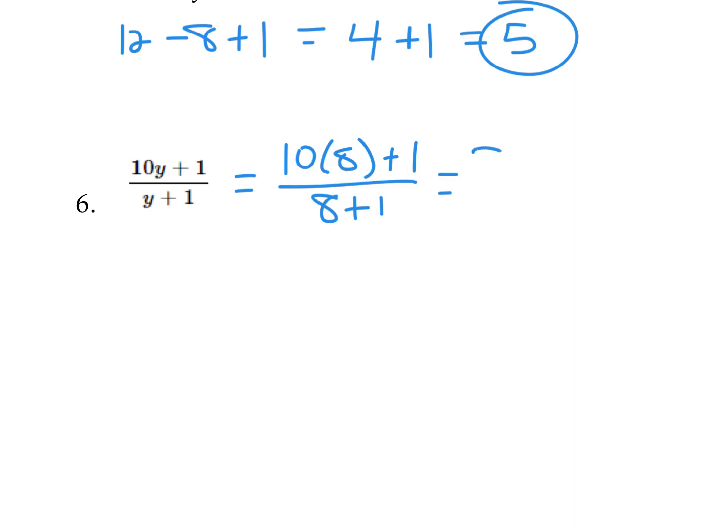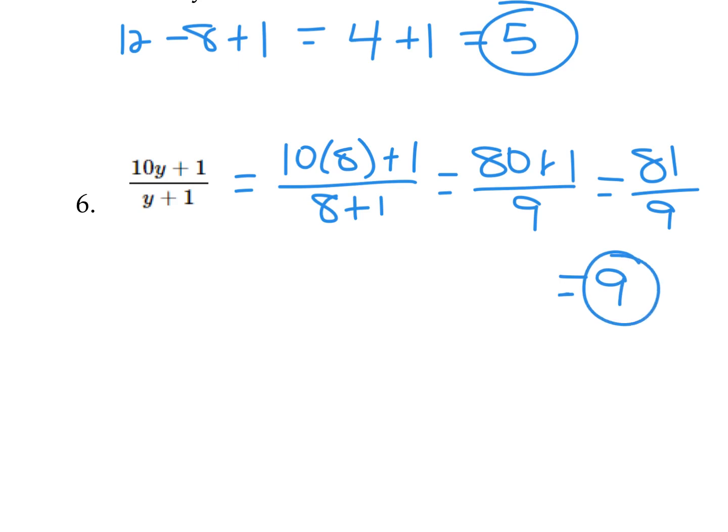So we're going to have 10 times 8 is 80 plus 1 over in our denominator. Only one calculation to do there, so plus. Now we have 80 plus 1 is 81 over 9. And then our fraction bar is our last step. So remember that order of operations, we've calculated everything in the numerator, in the denominator. And at the end, we're going to use the fraction bar to evaluate this. 81 divided by 9, right? A fraction is numerator divided by denominator, so that equals 9.